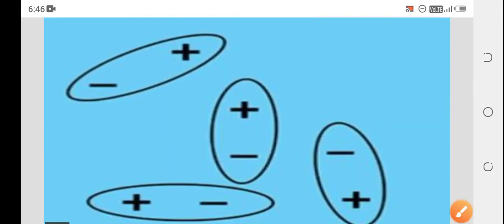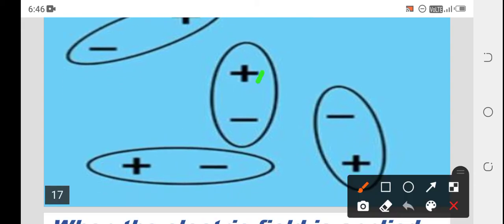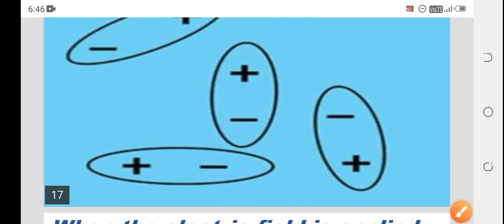This is the schematic diagram. See, the positive and negative charges are not coinciding in a proper way. This is called the polar dielectric figure.